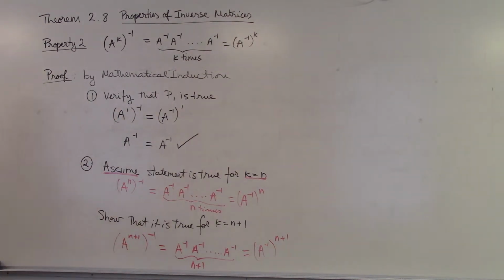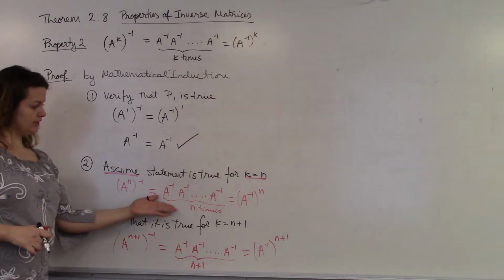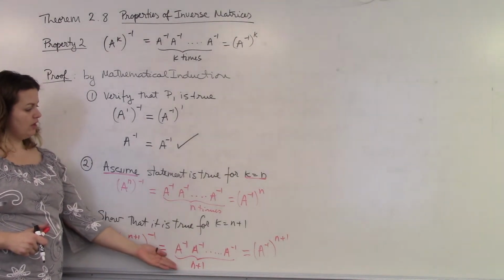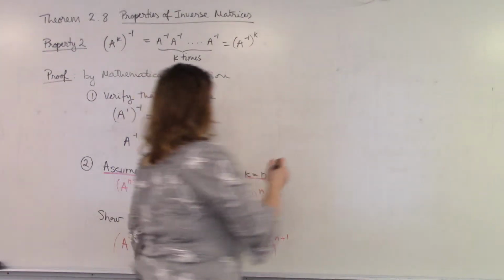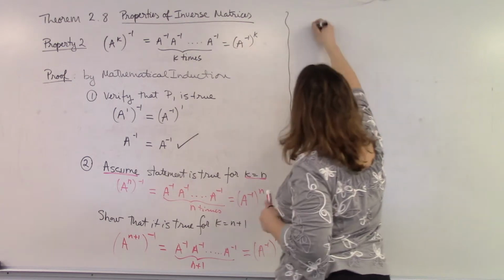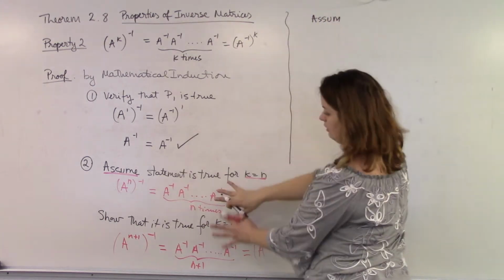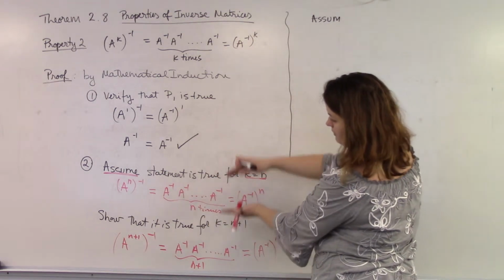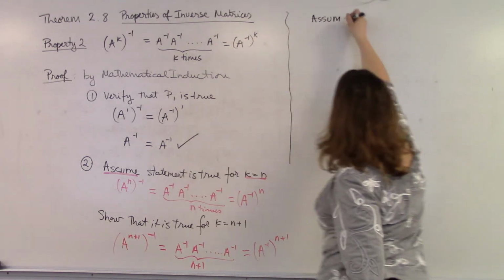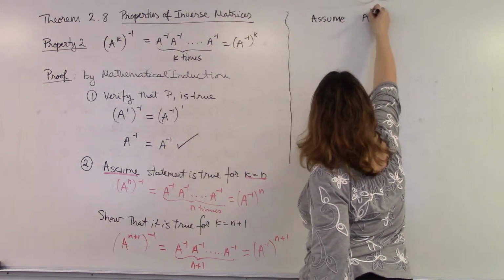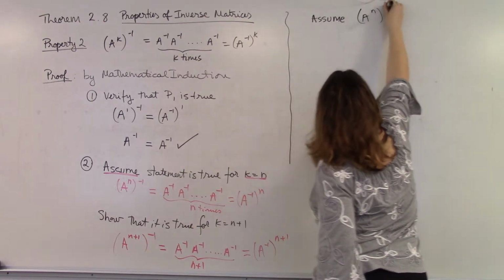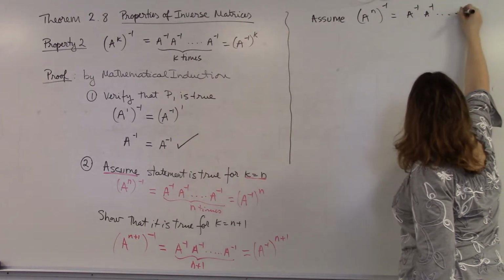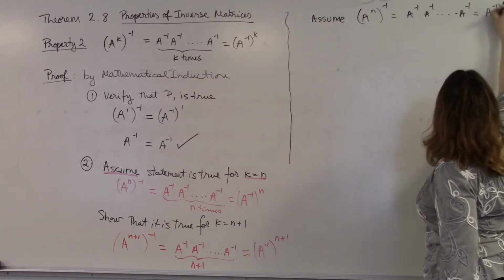I have to assume that this is true, and show that this happens then. That's just the scrap work, me trying to figure out what the hypothesis and the conclusion are going to look like. So we're going to assume A to the n inverse is equal to A inverse to the nth power.